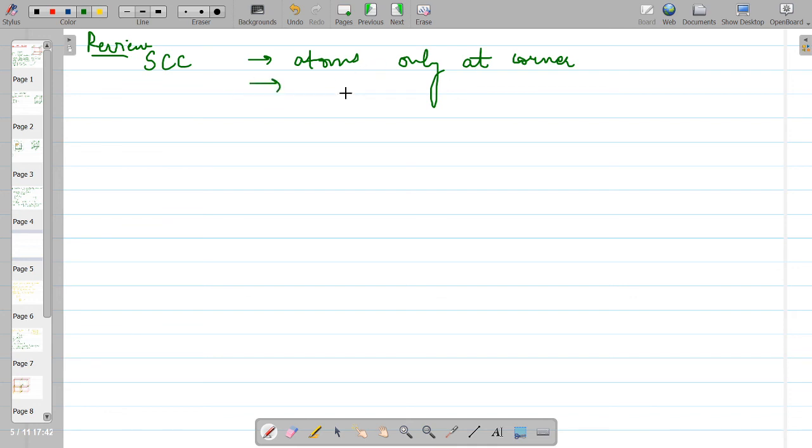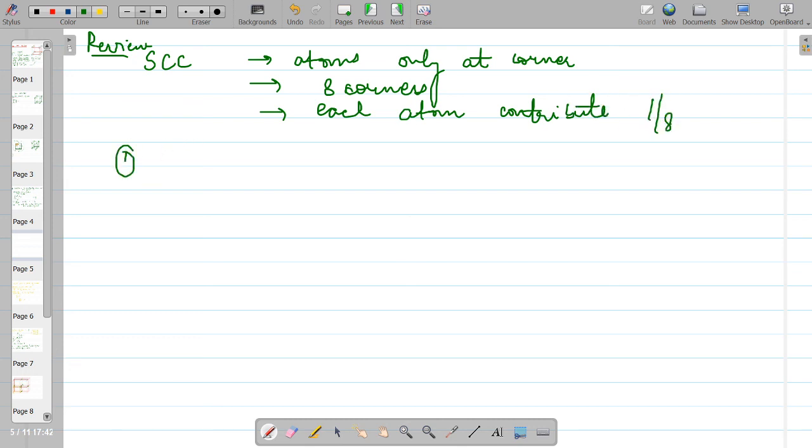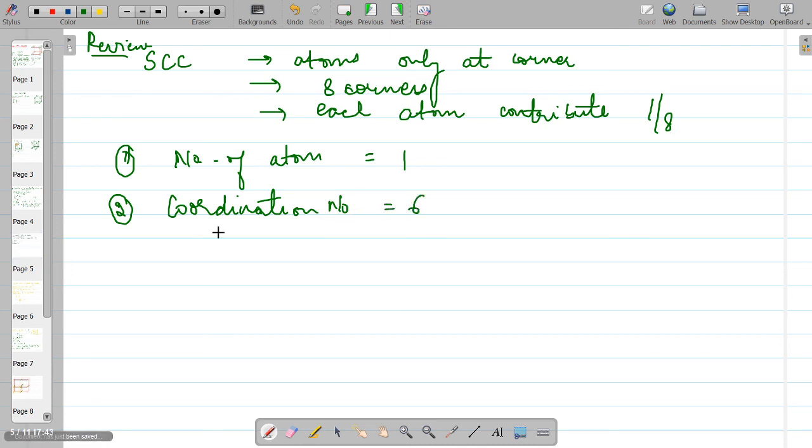So in the simple cube there are 8 corners and each atom contributes 1/8. This implies जो first property है that is number of atoms, this comes out to be 1/8 into 8, that is 1. The second property जो हमारे पास थी that is coordination number, this is 6 for the simple cubic structure.